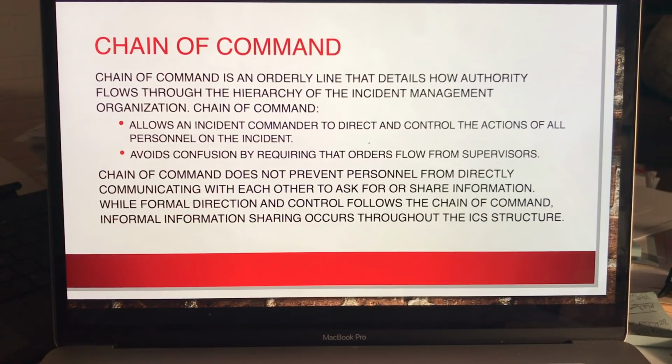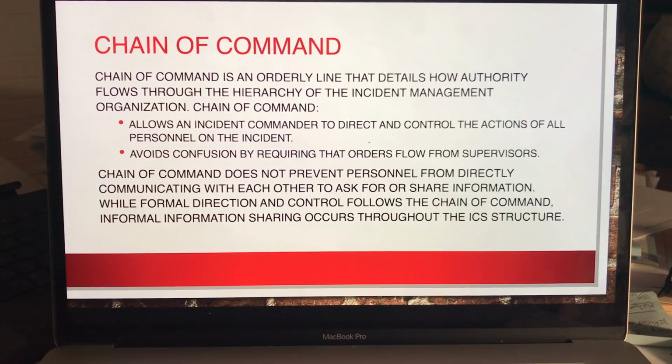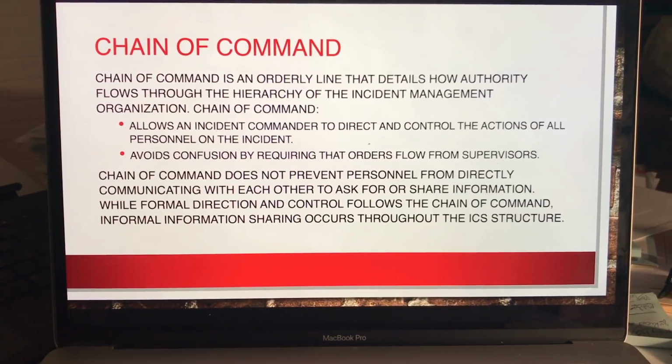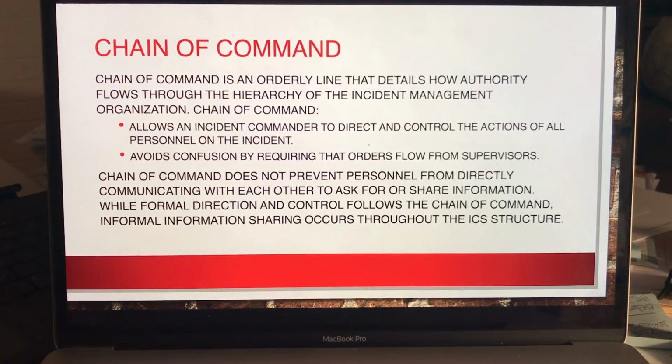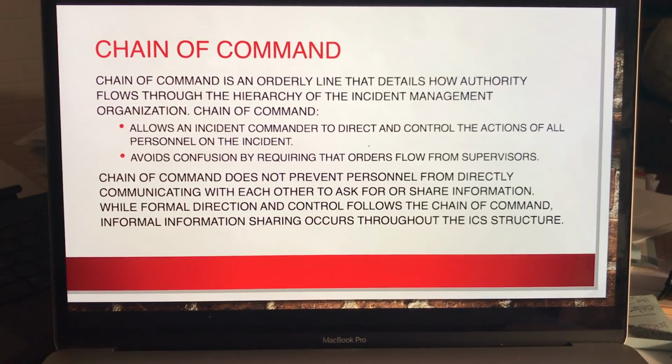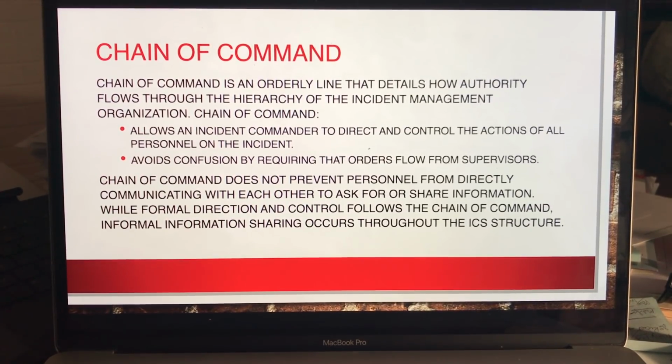Chain of command does not prevent personnel from directly communicating with each other to ask for or share information. While formal direction and control follows the chain of command, informal information sharing will occur throughout the ICS structure.